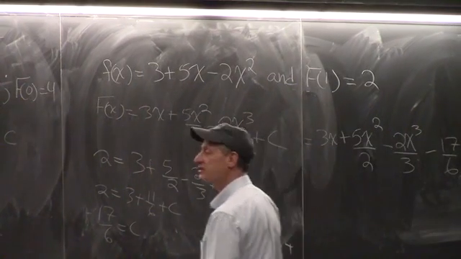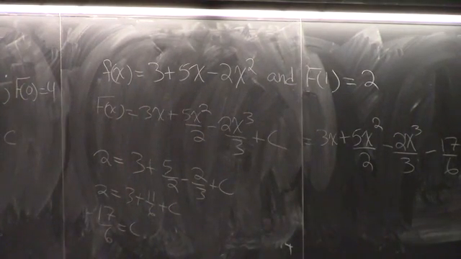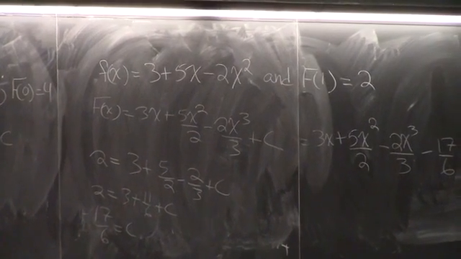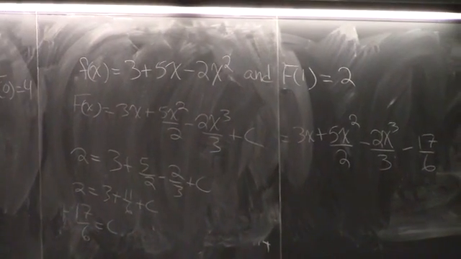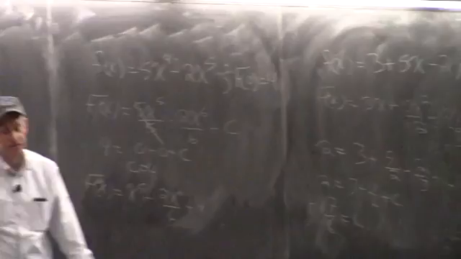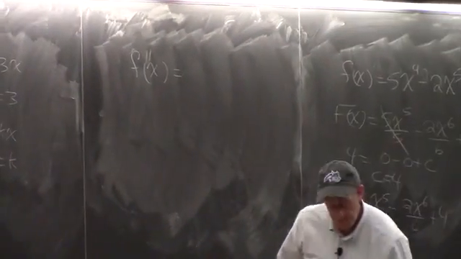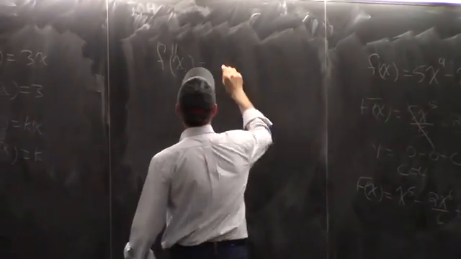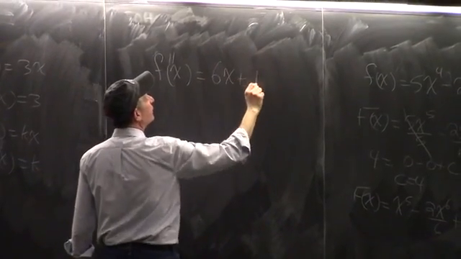Here's something else we could ask you. Suppose the second derivative of x is 6x plus 12x squared.